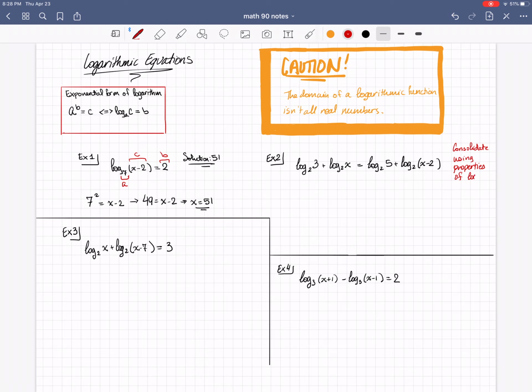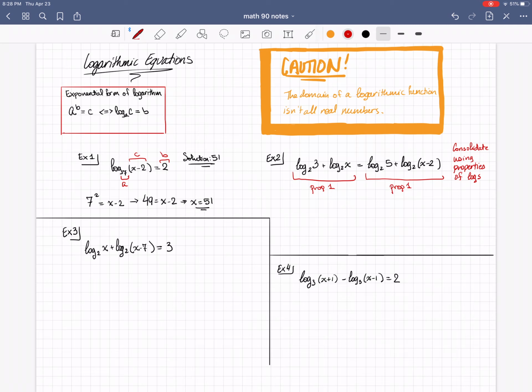I'll just say here, properties of logs. So this first one, we have a sum. That's going to be property number 1. And we actually have a sum on the right-hand side also, so that's also going to be property number 1.